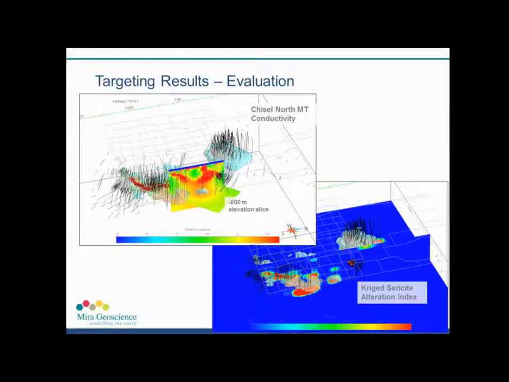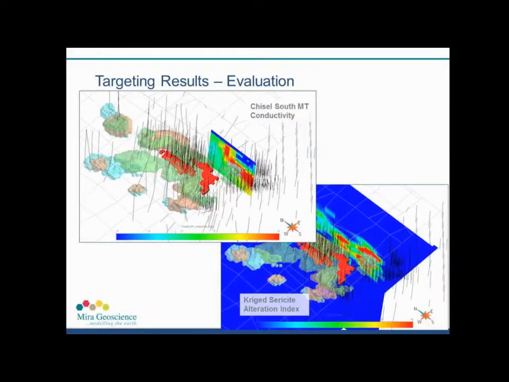But you can see I've included a picture here of the Krieg sericite, and this is that same blob, the conductor, or where we have high potentials, and this deep high conductivity area correlates with high sericite. This is again comparing with the Chisel MT conductivity, and this is looking east.